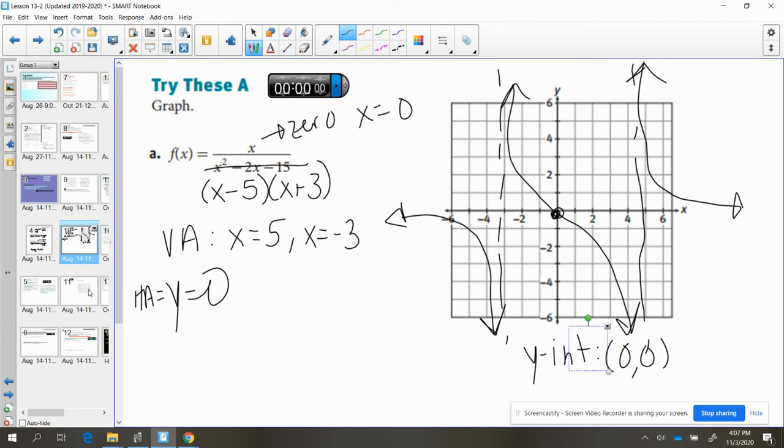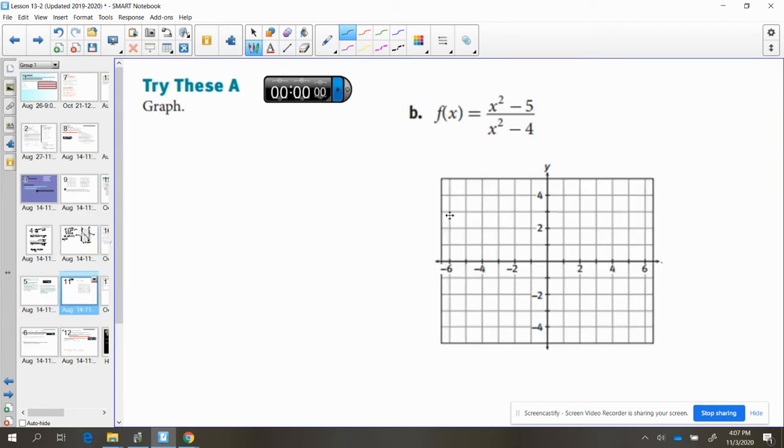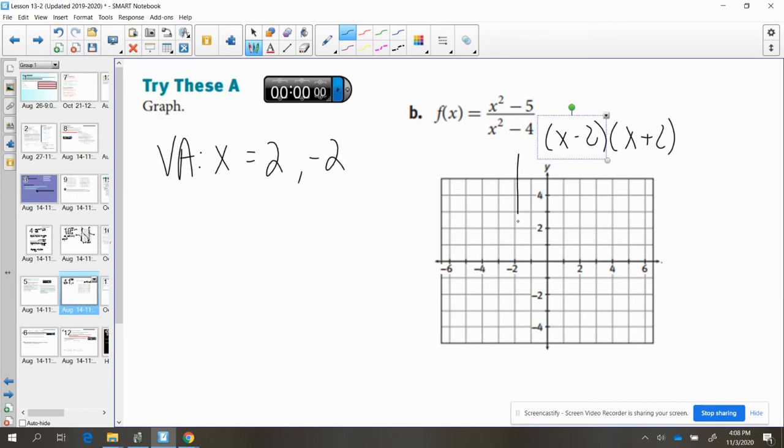Now in the next example, notice here a couple of things. We have vertical asymptotes this time at 2 and -2, because if we look at our denominator, we would have +2 and -2. So we have these vertical asymptotes in here. Our numerator, if we set this equal to 0, we would end up getting x equals plus or minus the square root of 5. So that's about 2.24 if we graph these. So we have 2 zeros out here and here, negative 2.24.